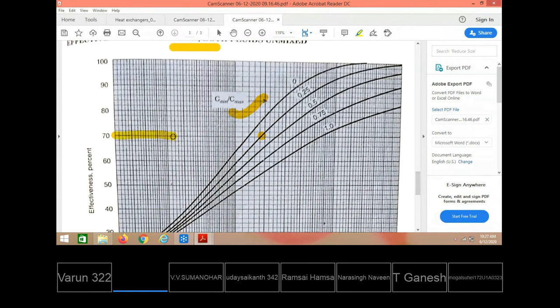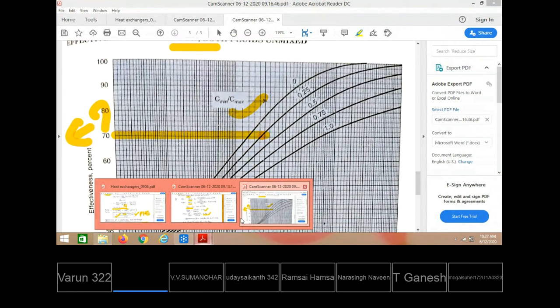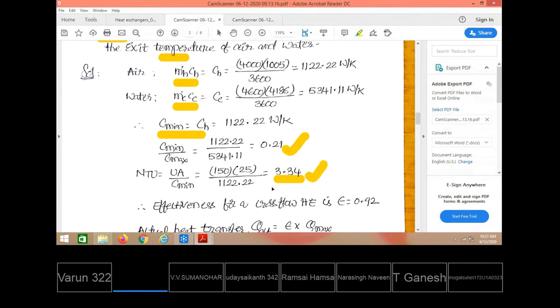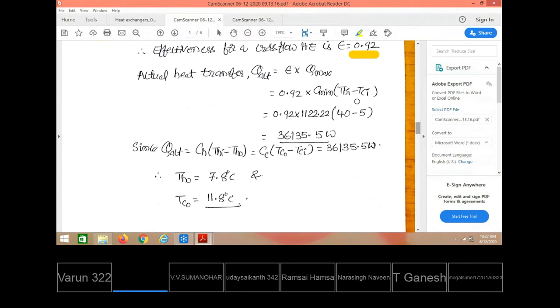From there we extend to the y-axis on the left side, which gives the effectiveness. The value I have got here is 0.92. Taking Q actual equal to effectiveness times Q maximum, Q actual is obtained.